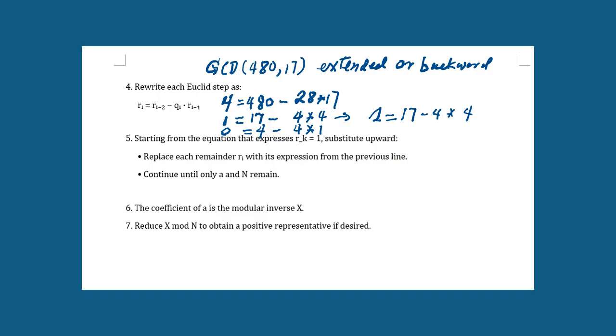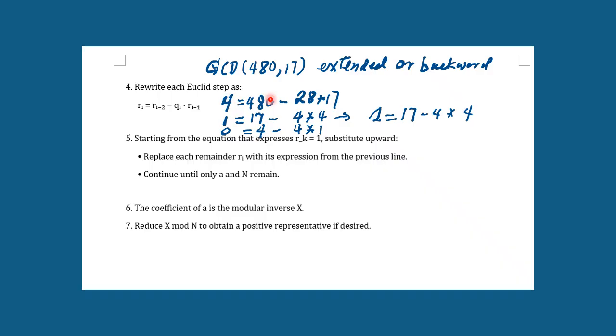So now the procedure forward is to extend this algorithm to find the inverse of 17 modulo 480. The first step here is to rewrite this procedure, the calculation of the GCD, into the remainder, a simple arrangement.